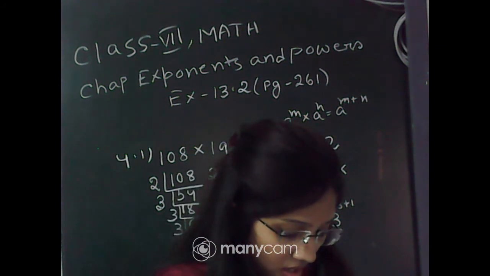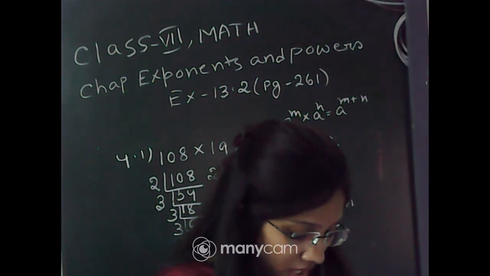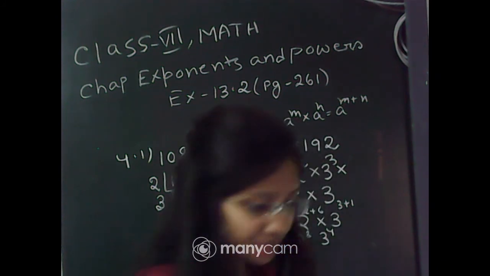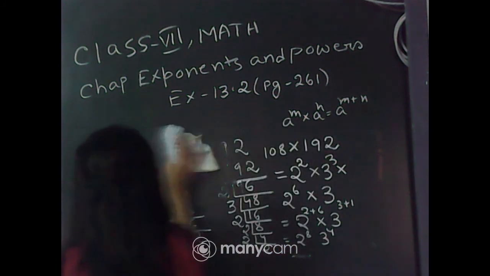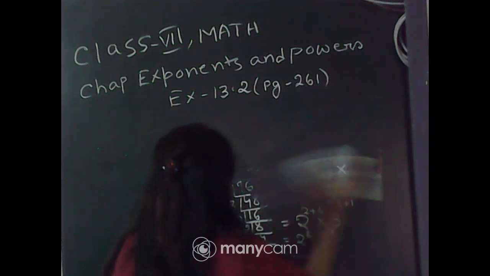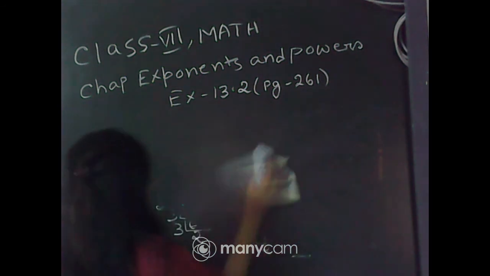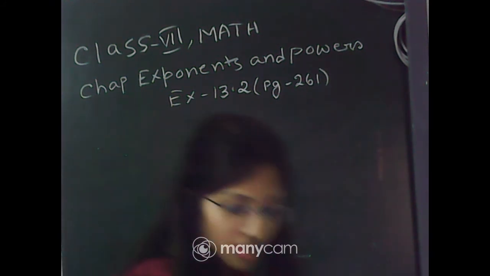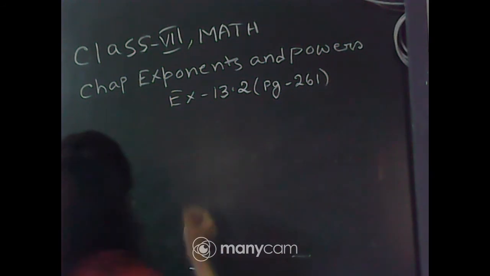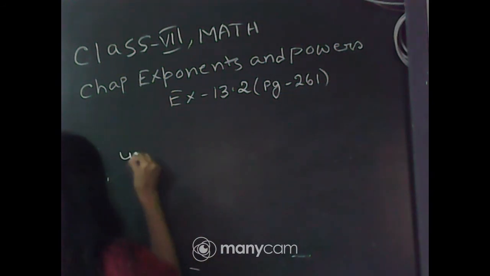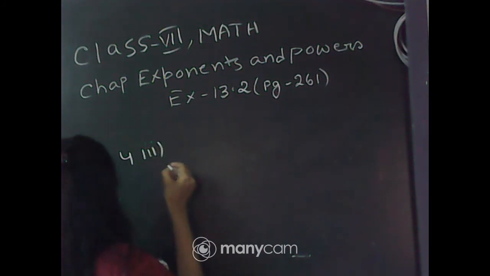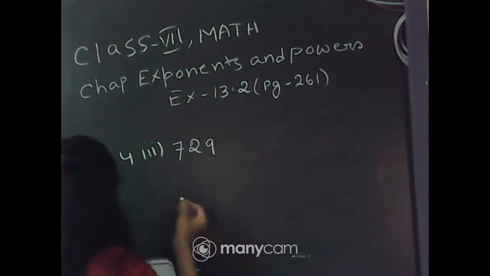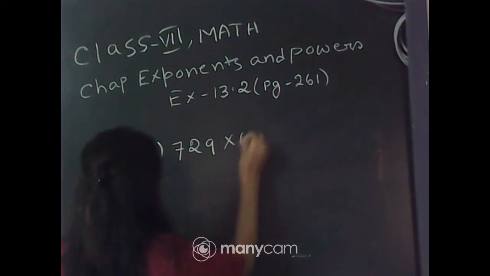Okay. So, next question number 3 of 4. Here the given number is 729 into 64.